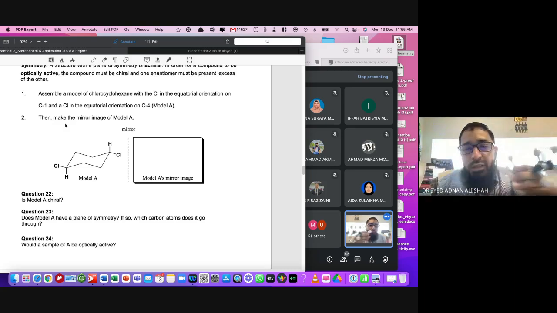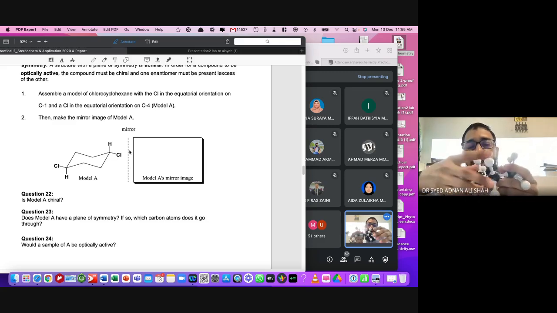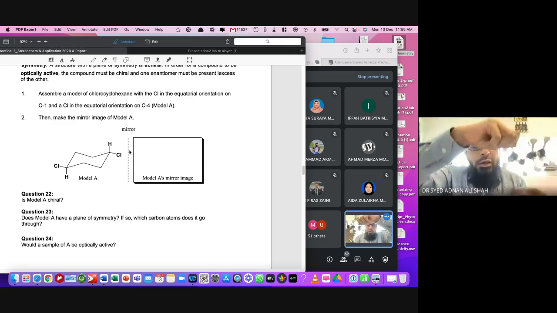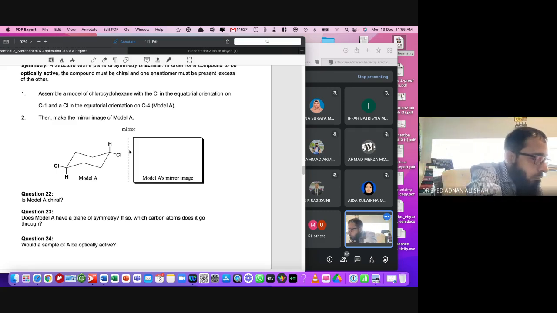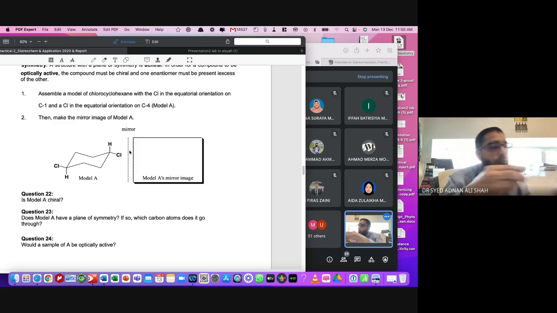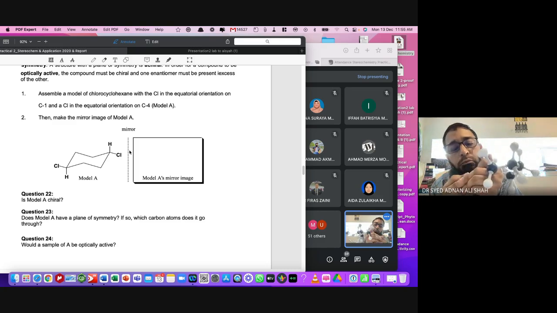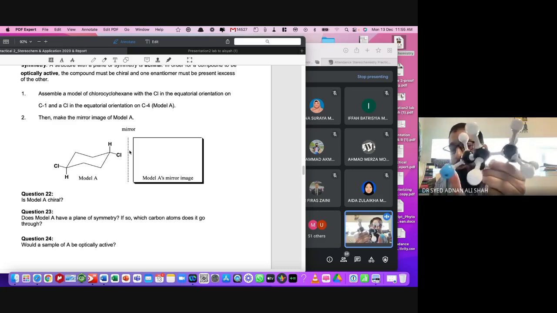So now I am replacing this one hydrogen with the chloride. You can see this one chloride.